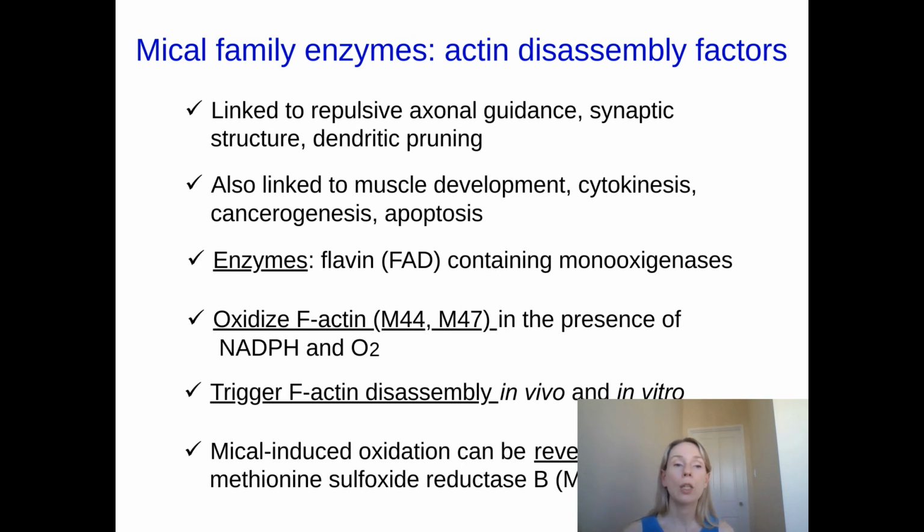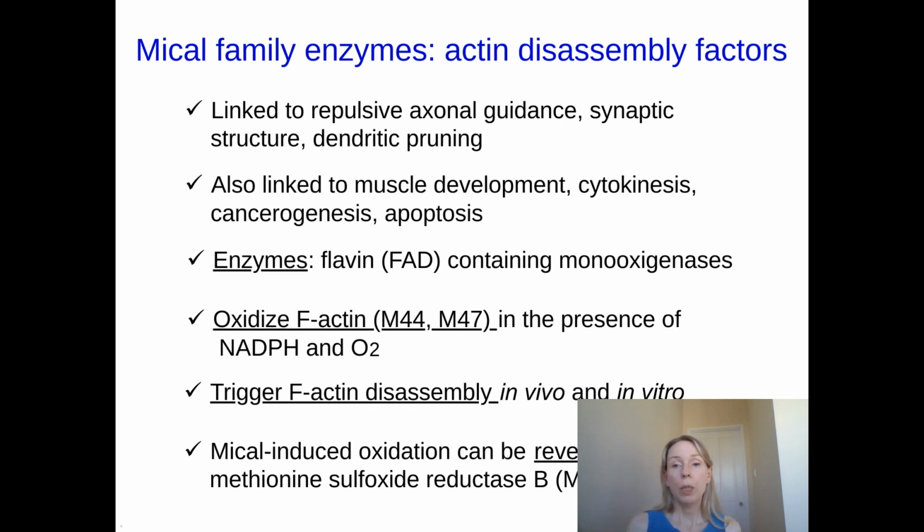And for this reaction, you need to have NADPH as a coenzyme and molecular oxygen. What we know is that this oxidation triggers actin disassembly in vivo and in vitro, and I will show you some data which highlights this. And also what we know now is that this oxidation can be specifically reversed by methionine sulfoxide reductases.